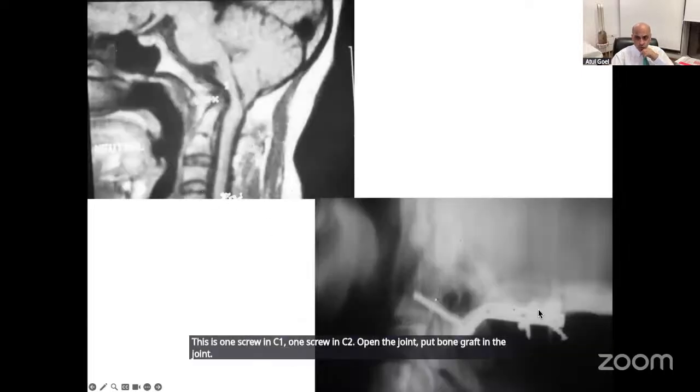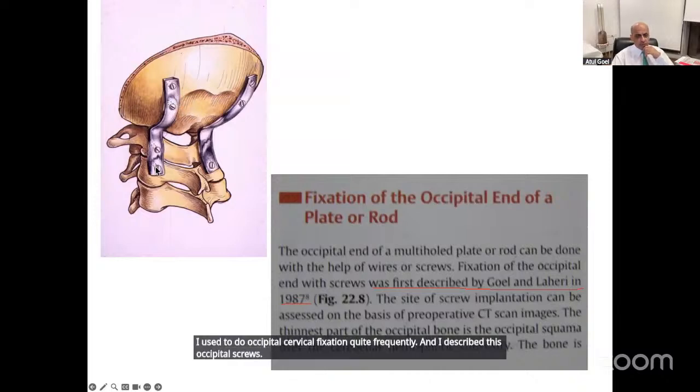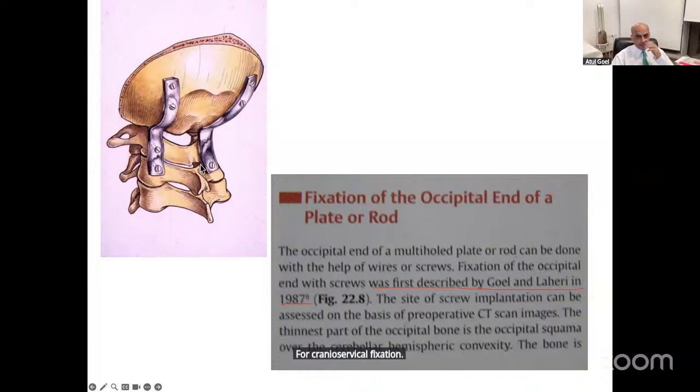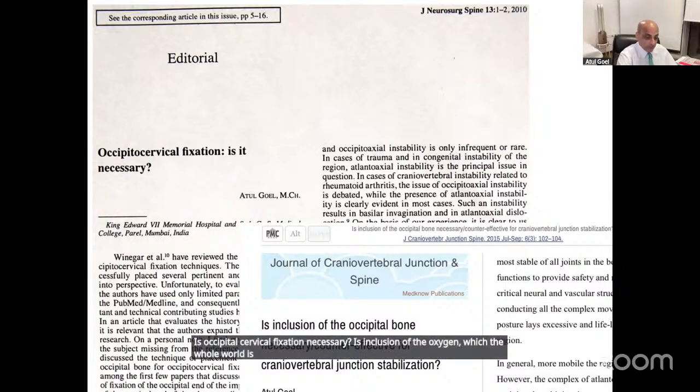I used to do occipito-cervical fixation quite frequently, and I described these occipital screws for cranio-cervical fixation. Now I'm saying, is occipito-cervical fixation necessary? Is inclusion of the occipital bone, which the whole world is doing, necessary? Today, if you ask the world what they are doing for craniovertebral stabilization, 90% will say they are doing occipito-cervical fixation.